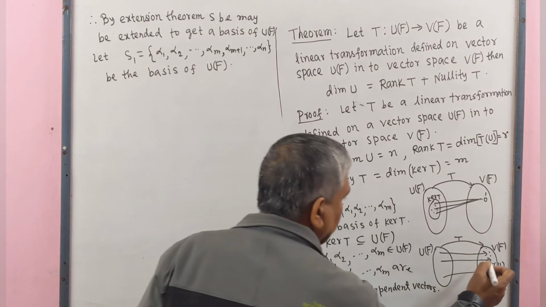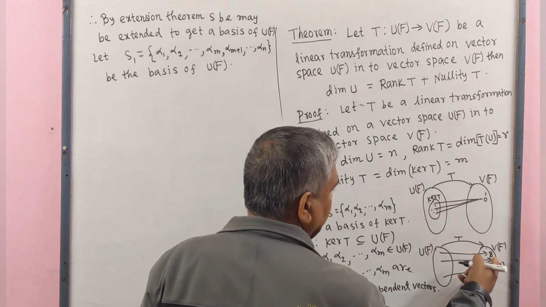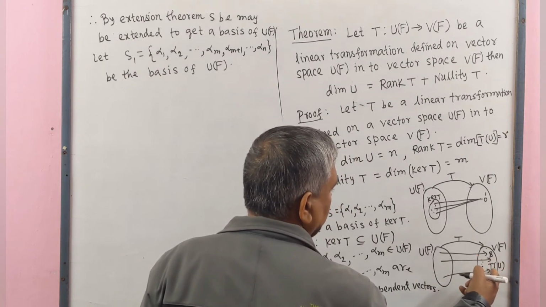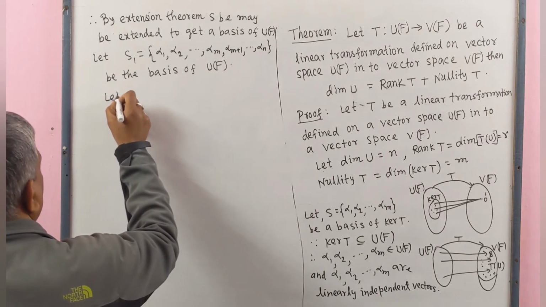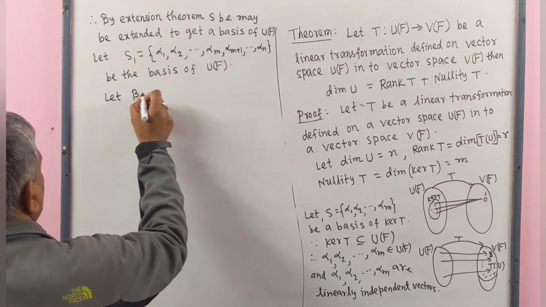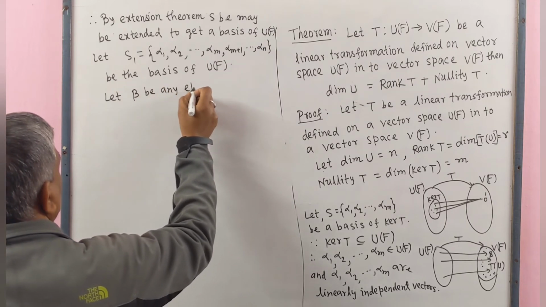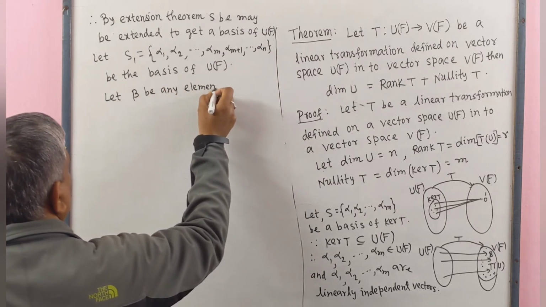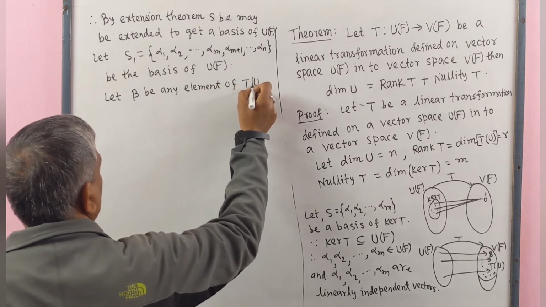Let beta be an arbitrary element of T(U). Let beta be any element of T(U).